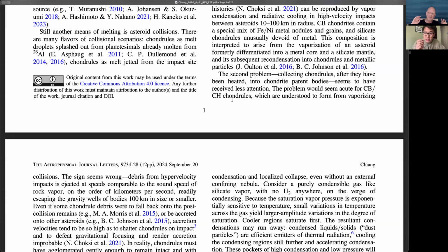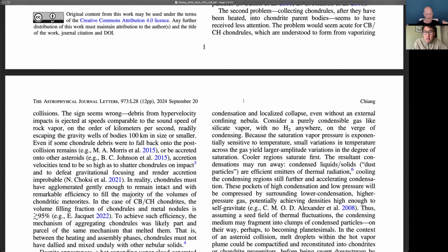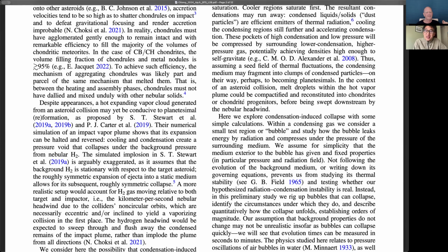In particular for this class of chondrite called CB and CH chondrites, having delved through this immense literature and talking to people, I get the sense that there's a consensus, dare I say, an agreement in the community that these particular classes of chondrites really did form from a collision.